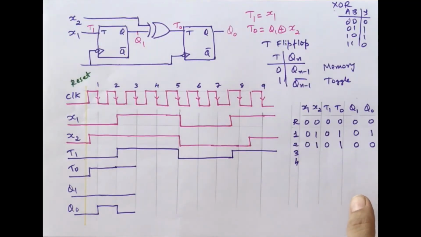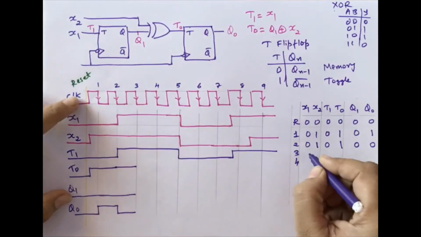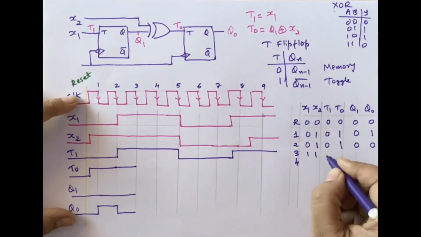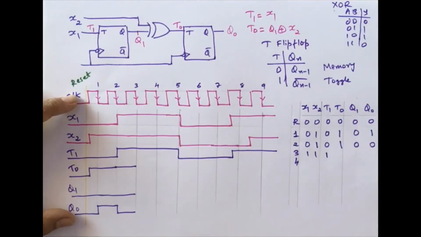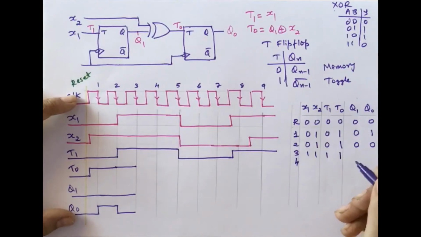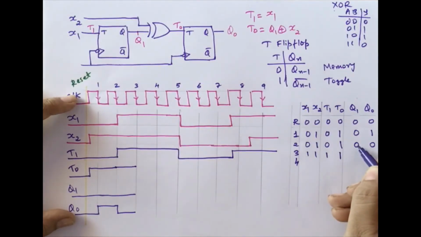So before the third clock pulse, X1 is 1, X2 is also 1. So T1 is 1 and T0 will also be 1 because X2 and previous Q1 will convert T0 to 1.